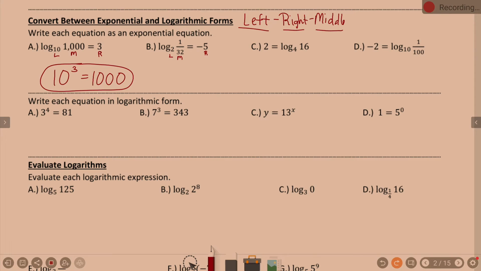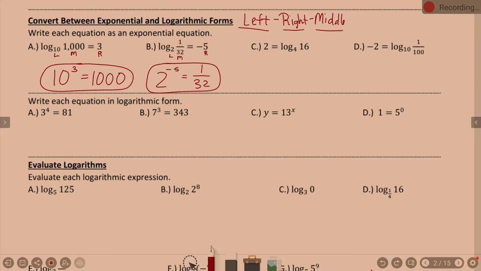I think you might have left out one minor detail. Got all the pieces in the right place. Just got to get nitpicky that, yes, the negative needs to be there, right? 2 to the negative 5th equals 1 over 32. I don't know if you realize it or not, but that is an equivalent statement. Because what do we do with negative exponents? Take it to the denominator, right? Okay.